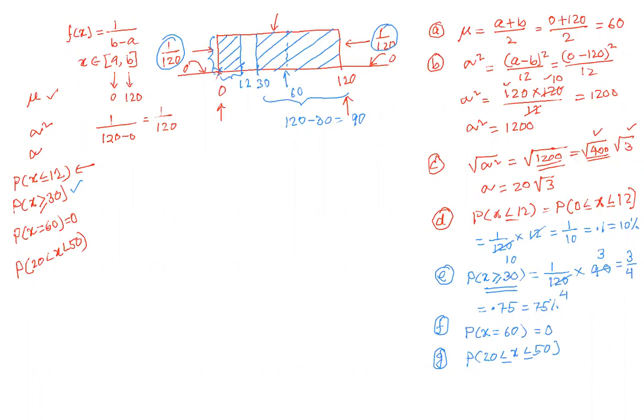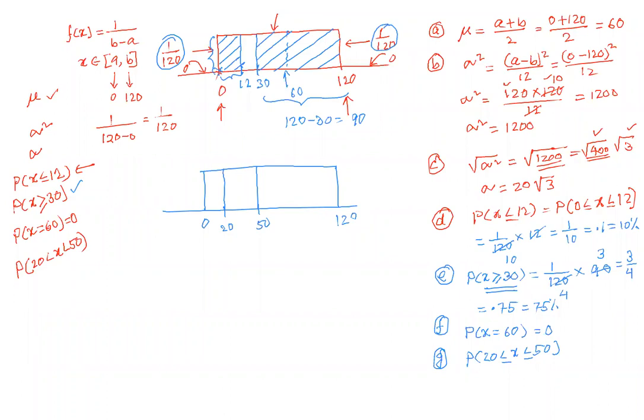Now, to show this one, let me just draw the diagram again. That will help you see things nicely. So there's your 0 and 120, and 20 is right here, let's say, and 50 is right here. You want the probability that the random variable X would fall between 20 minutes and 50 minutes.